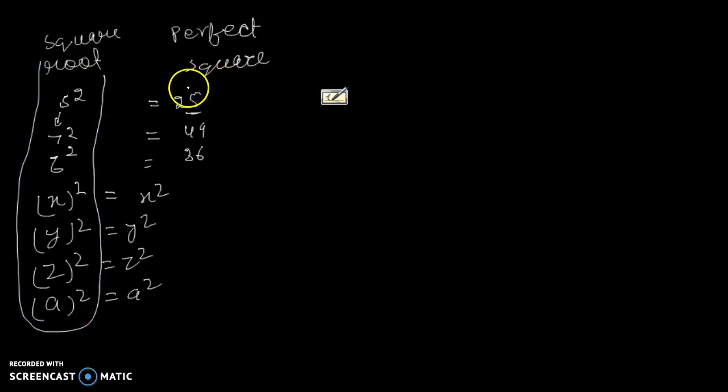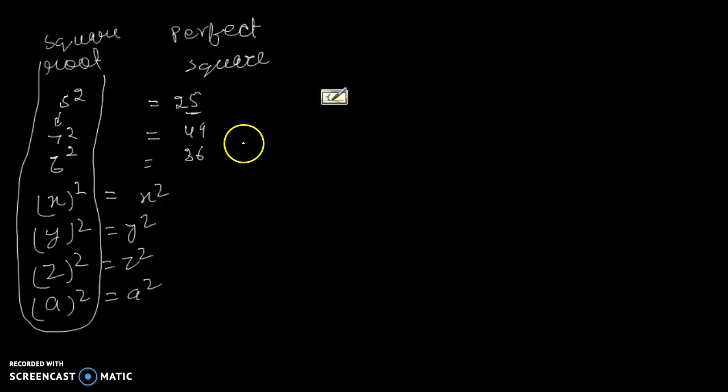So if I say what is the square root of 25, so we can say 5. What is square root of 49? We can say 7. What is the square root of 36? We can say 6. And in the form of variable, we can say what is the square root of x square? Then our answer is x.